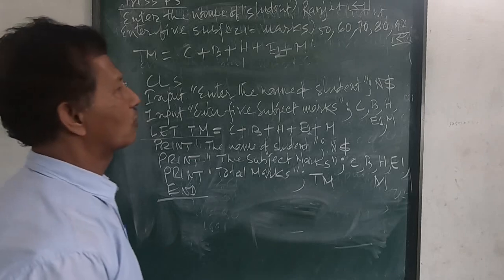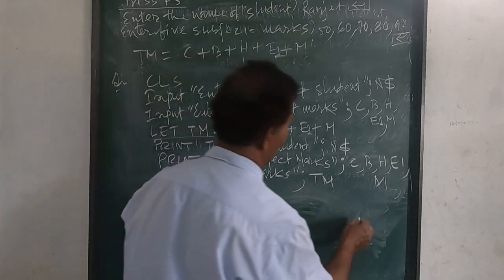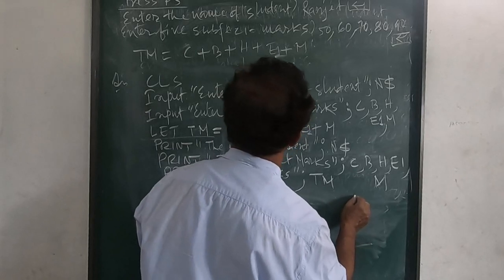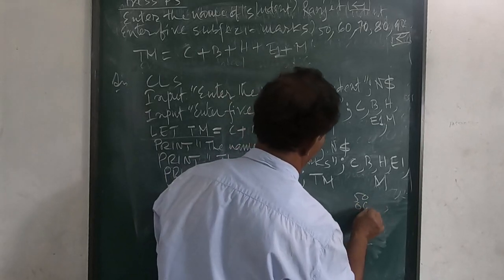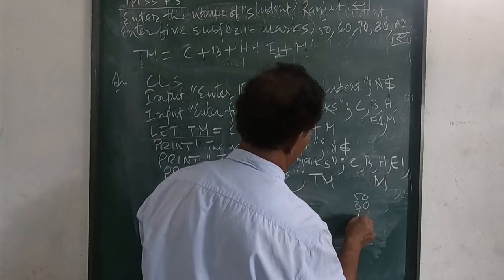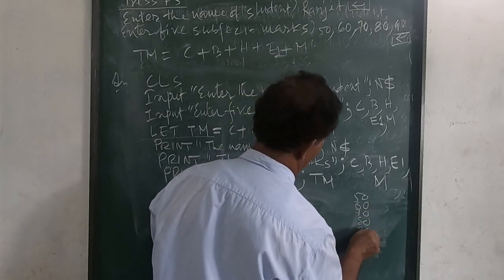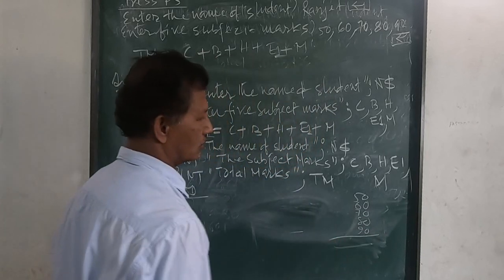So what is the total of all those marks? For example, 50, 60, 70, 80, 90, all together.